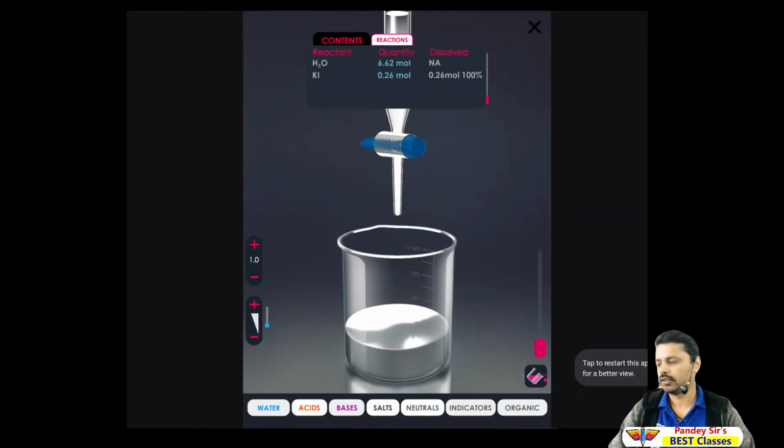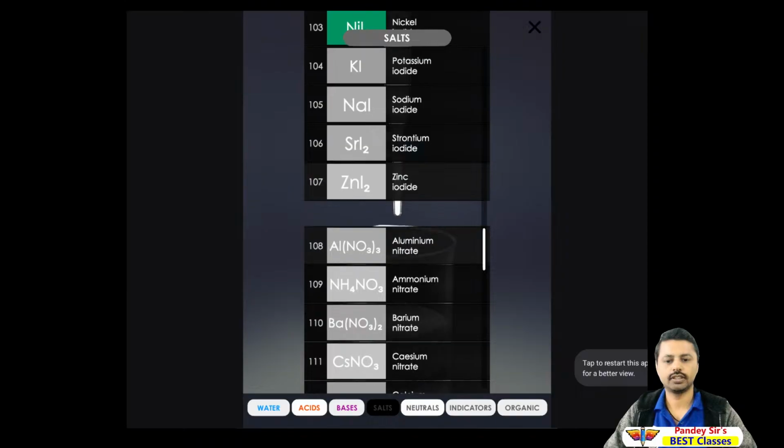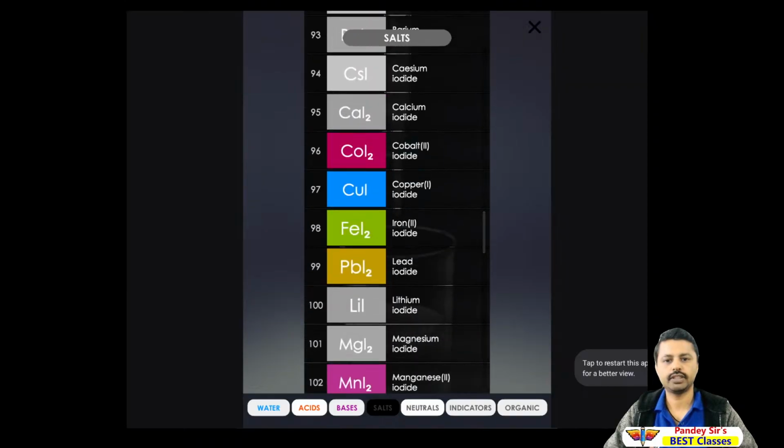And now, what was the question? Potassium iodide is mixed with lead nitrate. So what is lead nitrate? Pb(NO3)2. Let's take it. So again, let's find Pb(NO3)2.